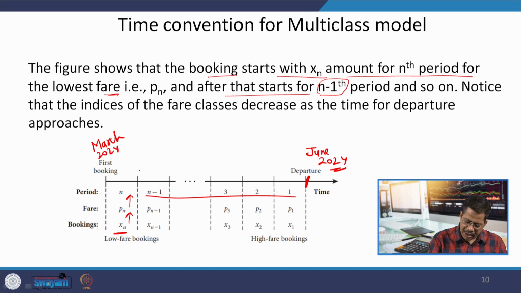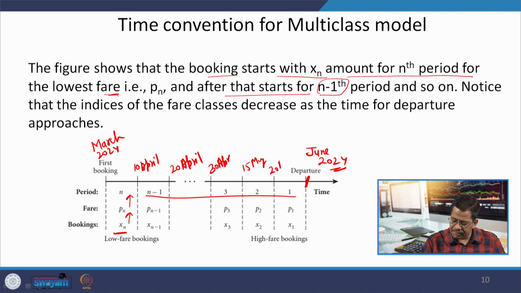So, maybe up to, let us say, 10th of April this booking, 20th April this booking, then maybe 30th April, maybe 15th May, maybe 20th May, and maybe 1st June. That is how the time is spent, and the fare classes are changing.